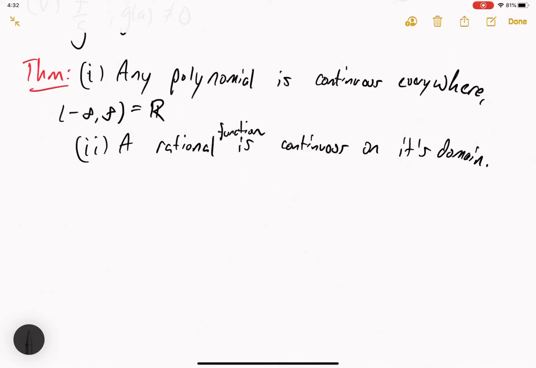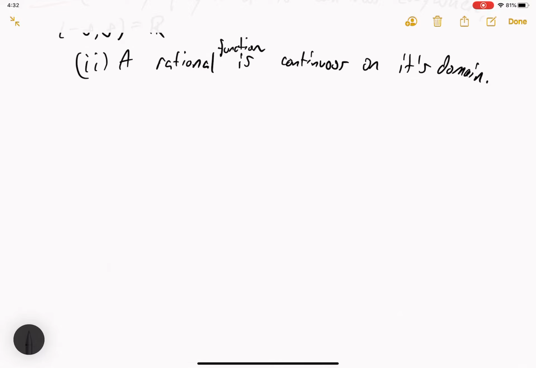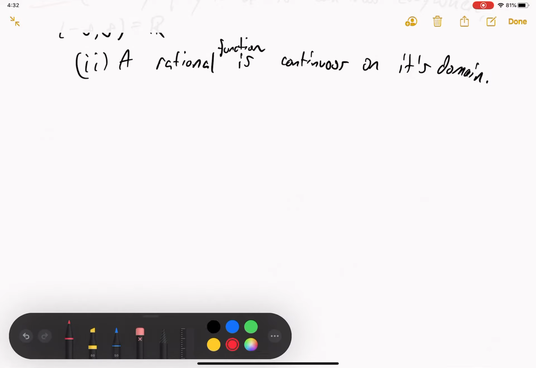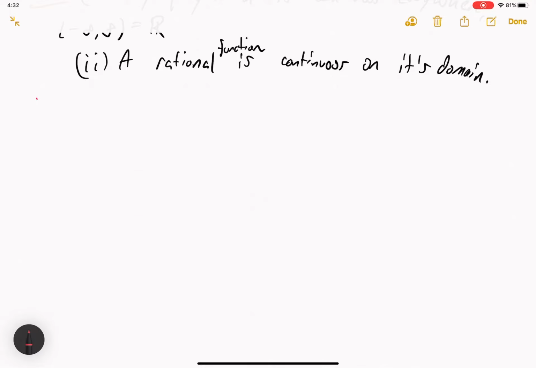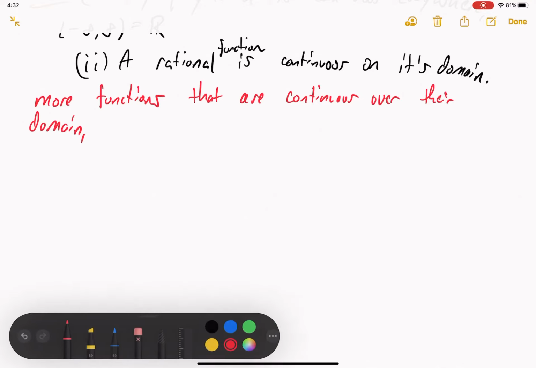All right, and also, these aren't the only functions. There are more functions that are continuous on their domain. So again, over the domain just means if we can naturally plug it into the function, then it's continuous there.